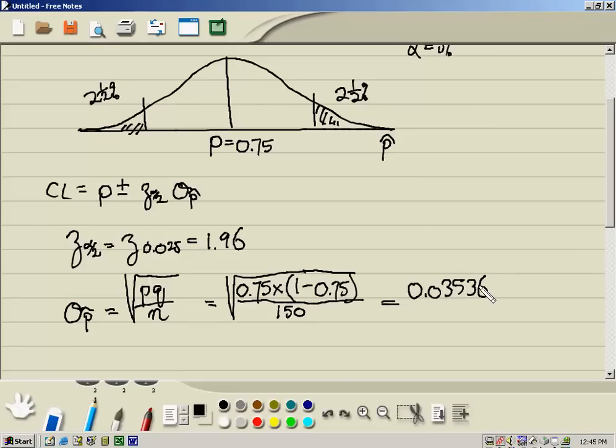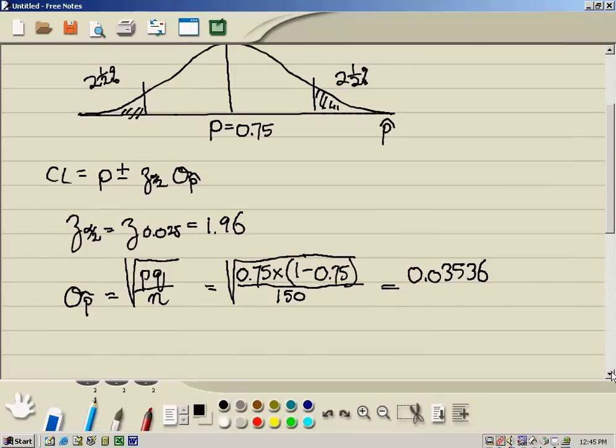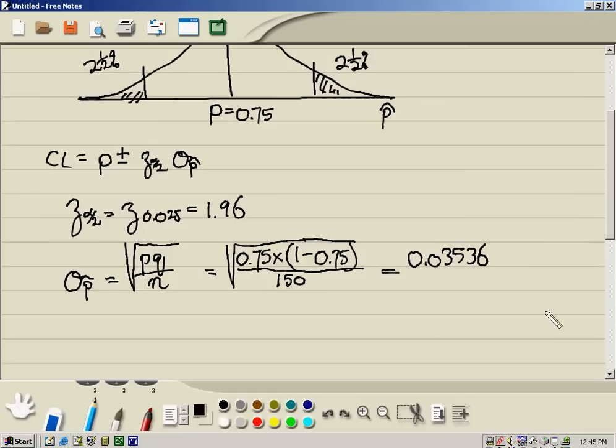Instead of 355, it would be 36. So there's my standard deviation to 4 significant places. Going over here, the 3 is the first one, 5 is the second, 3 again is the third, and 6 is the fourth place.